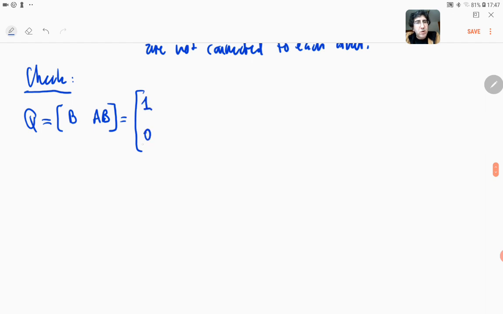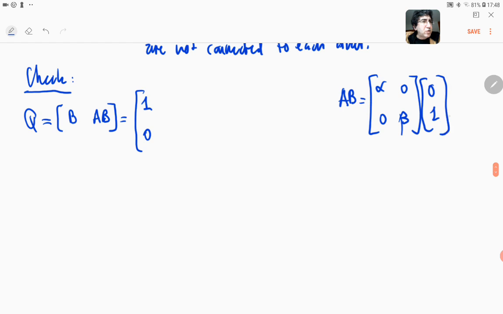And let's also calculate A times B. A, remember, is alpha 0, 0, beta. And B is 0 and 1. So if you calculate that, you will have alpha times 0, 0 times 1. This is 0. And this is 0 times 0, beta times 1.